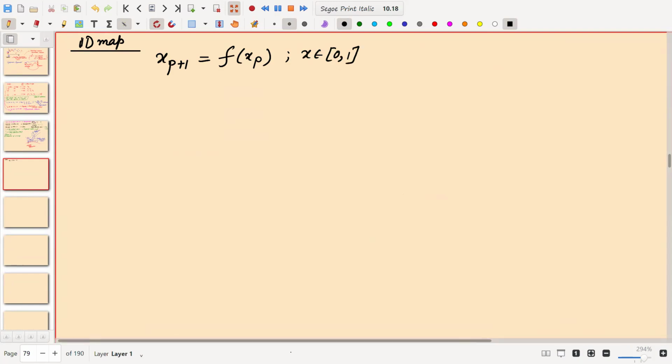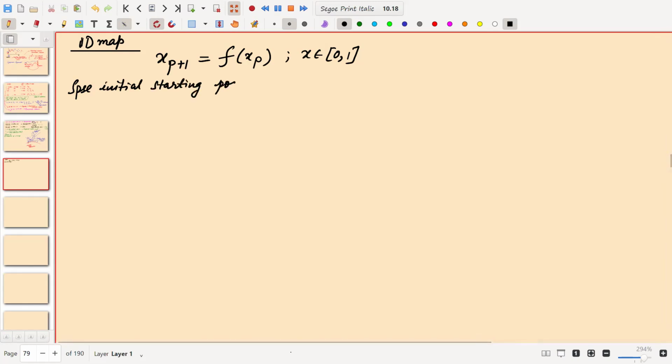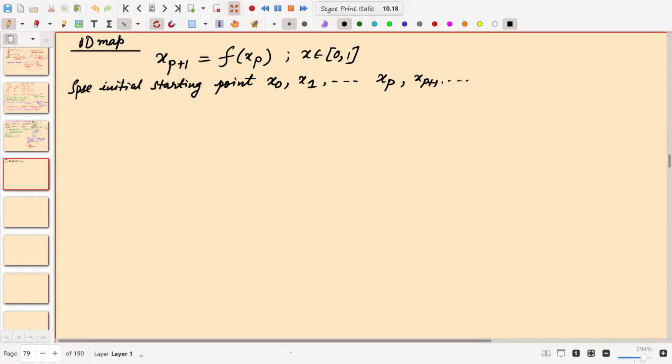And suppose the initial starting point is x_0. So what happens? x_0, then x_1, then x_2, and so on till the p-th iteration, x_p, then x_{p+1}, and so on. So this is how the iteration of the map works.